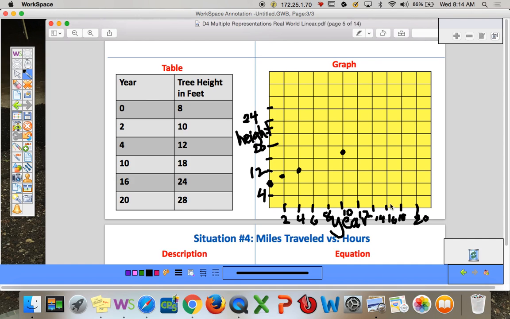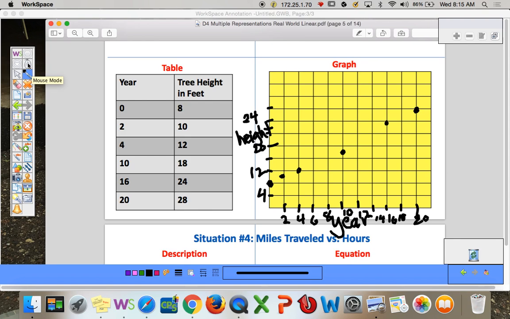At 16 years, it's 24. Here's 24. And at 20, it's 28. Did I do that right? 10 is at 18. Yep. Okay, so you can see it looks pretty linear here.